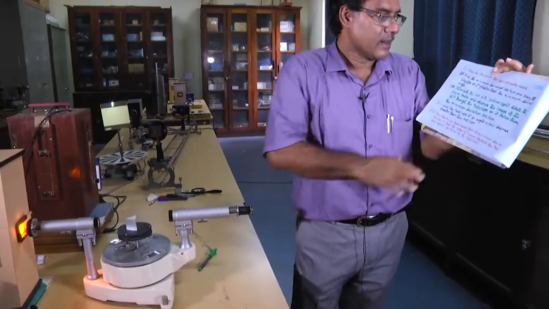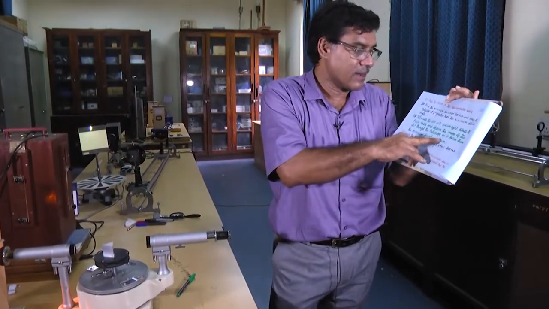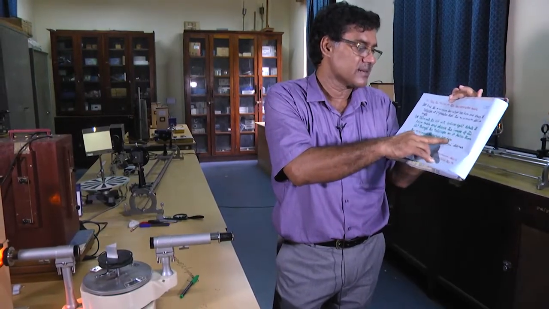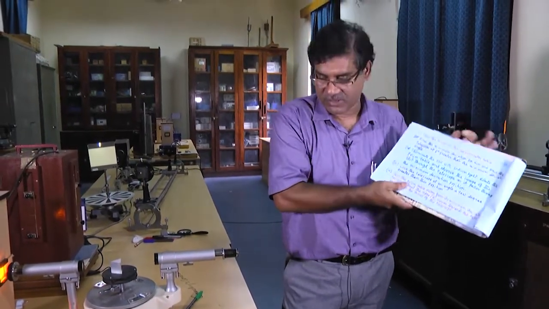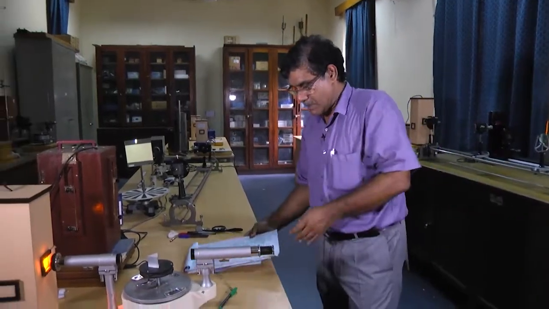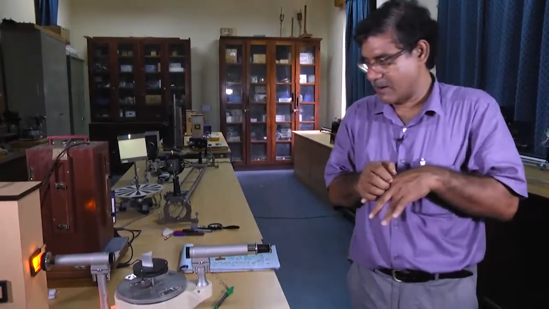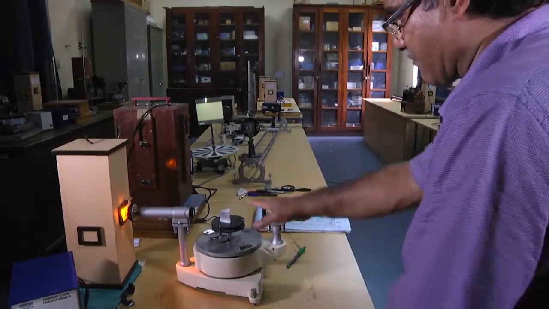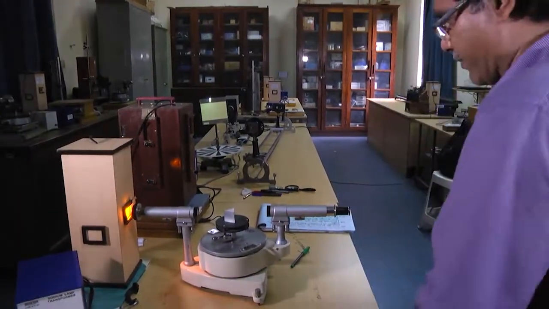Now rotate the prism table and observe the image of the slit through the telescope as it passes through the minimum deviation position.